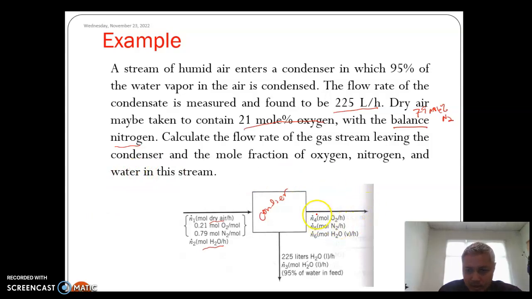So we have another three unknown, where N4 is for oxygen, N5 for nitrogen, and N6 for water. Now for this question we have 1, 2, 3, 4, 5, 6 unknown.